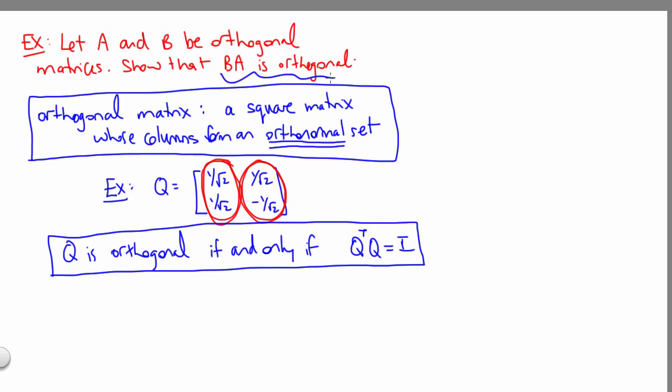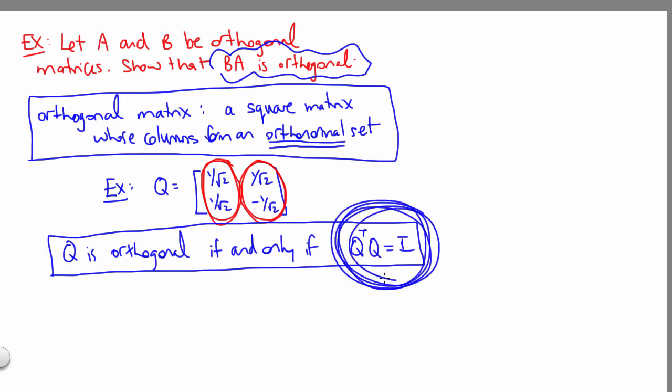We want to show that the matrix BA is orthogonal. So using this version of orthogonality, what we really want to show is that this matrix BA is playing the role of Q. So we want to show that (BA) transpose times BA is equal to the identity matrix.